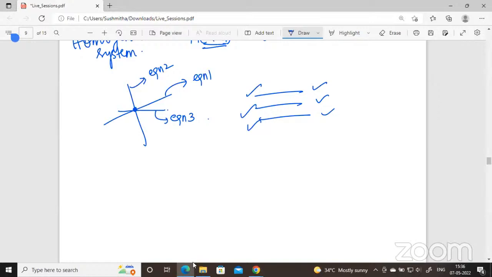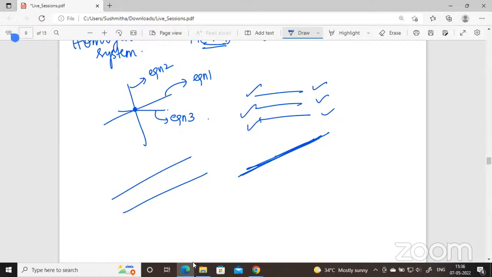Suppose I have 2 lines like this, parallel lines, will they ever intersect? No, ma'am. So there's going to be no solution at all, right? Yes, ma'am. Suppose I have 2 equations which represent the same line. Are they intersecting at any point? Yes, ma'am. Infinite points.